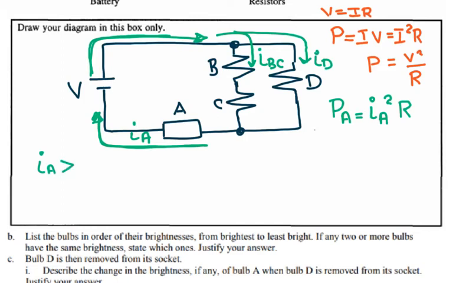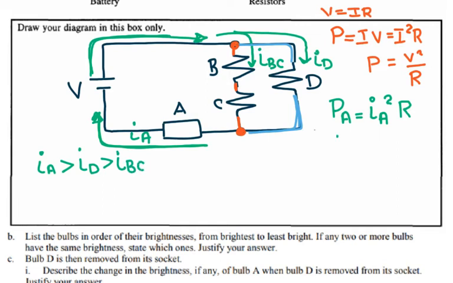Then because the BC branch has more resistance than the branch where D is, the current on D is going to be bigger than the current on BC because BC has more resistance.